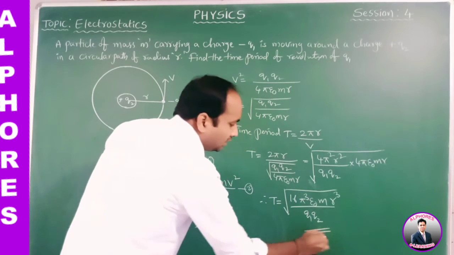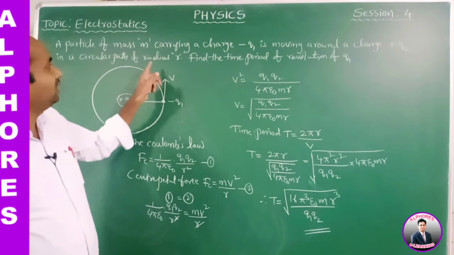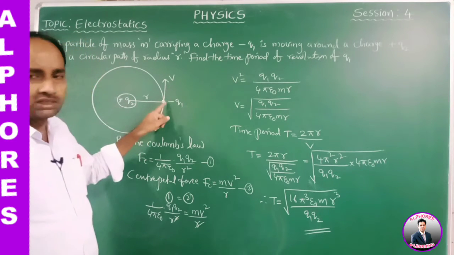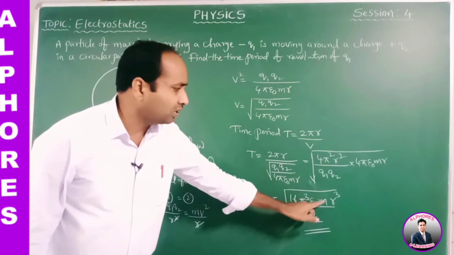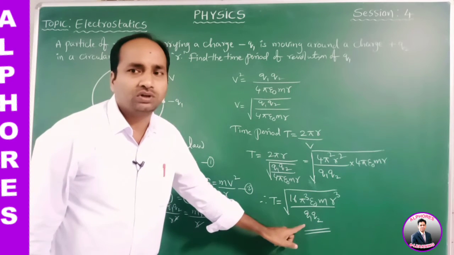Okay, this is the time period of this revolving charge minus q1: 16 pi cube epsilon naught m r cube by q1 q2.